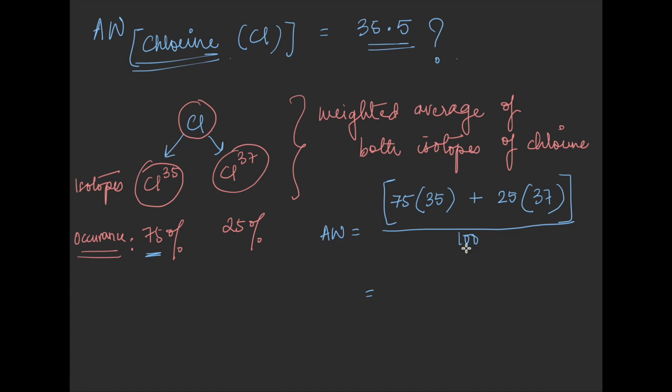If you calculate this, you will see the average comes up as 35.5. So this is the reason why in the relative atomic mass values you don't have Cl's atomic mass as 35 only, you have it as 35.5. Even when you write the gram atom, you are not rounding off the figures, you're keeping it as 35.5 gram.